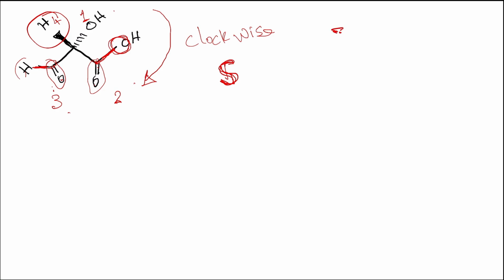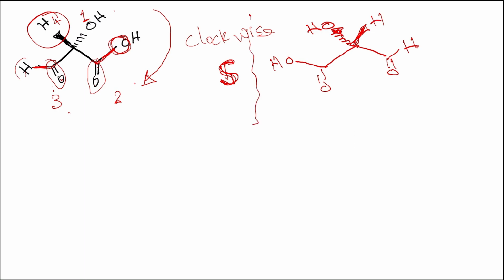So here I'm going to have this carbon, the different groups, and then I need to have the OH here and the hydrogen this side. So these two are the mirror image. So I simply draw the mirror image.